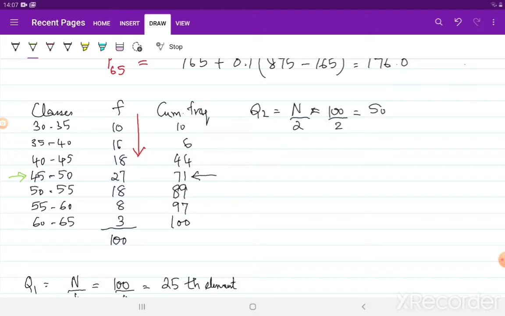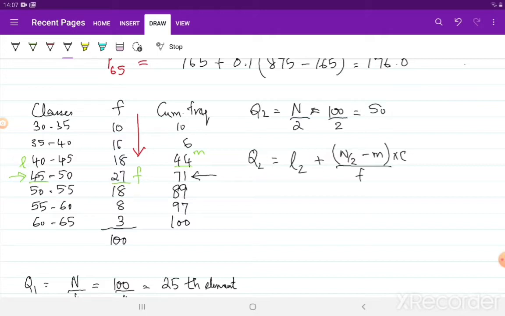The lower limit will be L. The frequency of the median class will be 27, and M is the cumulative frequency up till the median class, so the value of 44 will be your M. Putting it into the formula, it is L2, that is the lower limit of the median class, plus N by 2 minus M divided by f into c, where c is the size of the class interval.